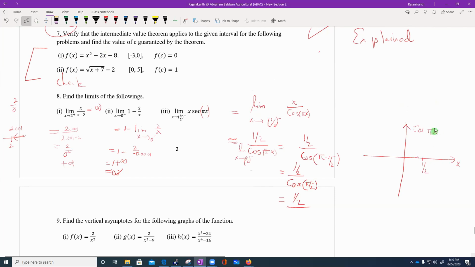Now let me draw the graph of cosine pi x. When x is 0, what is the y-intercept of cosine pi x? You need to set x to 0, right? If x is 0, cosine 0 is 1. Therefore, the graph is similar to the cosine graph, like this. Okay, so half is here.